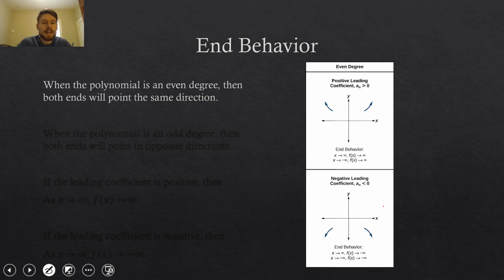If you've got an even degree polynomial, then both ends of the polynomial go up to infinity, or both ends go down to negative infinity. Even degree means the highest power is even, for example x to the 6th, x to the 8th, and so forth.